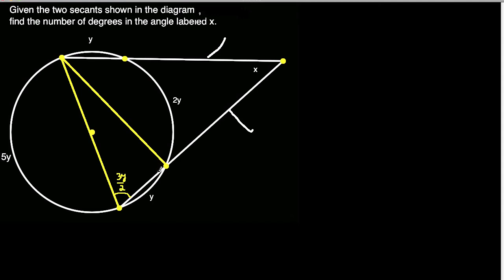This angle right here is an inscribed angle in the circle, and it subtends this arc that goes all the way around here. And the measure of that arc is 5y, so this angle is 5y over 2.